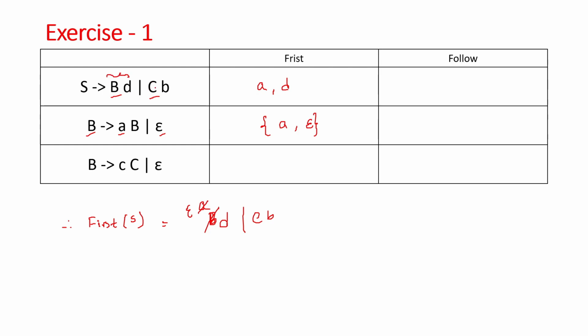I have again CB, so C is also a non-terminal, so I come up here and the first of C is C and epsilon. This one and this one are my first terms, so let me write here C, epsilon.